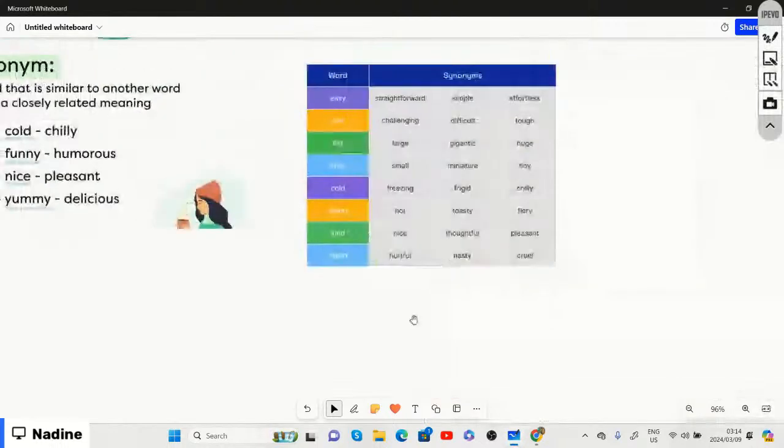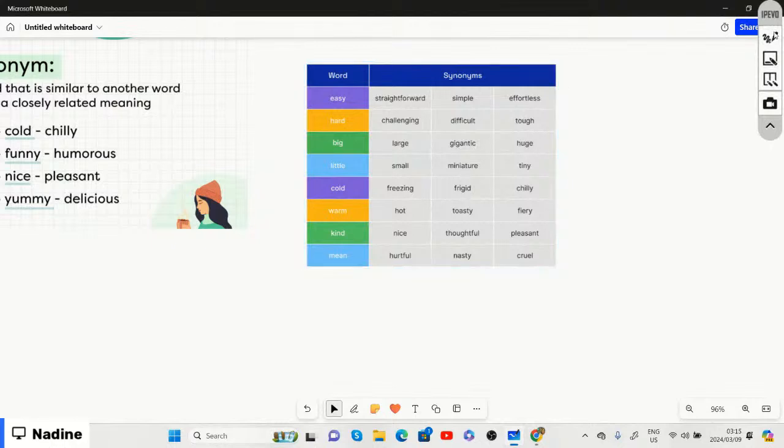All right, and now if we look at a few more examples of synonyms, right? So there we have easy words, a bit harder words, right? But if they want to know a word that is the same as easy, right?